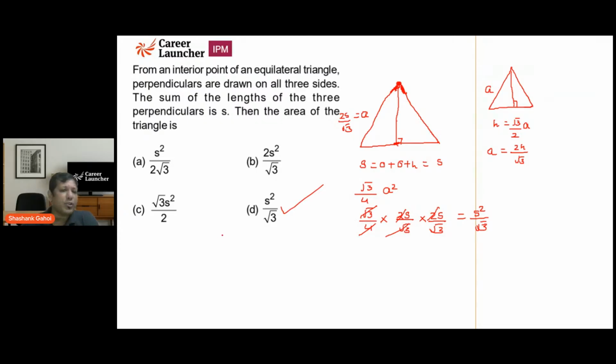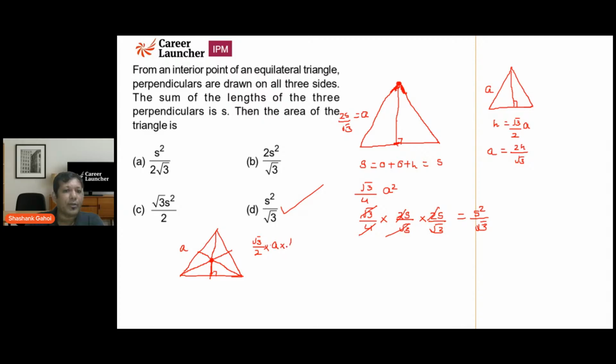The second approach to solve this question is that I am assuming that this point is the centroid of the equilateral triangle. So let's say this side is A. So what is this height? This height is h, that is root 3 by 2 times A. And from this point to this line, what is the length of perpendicular?